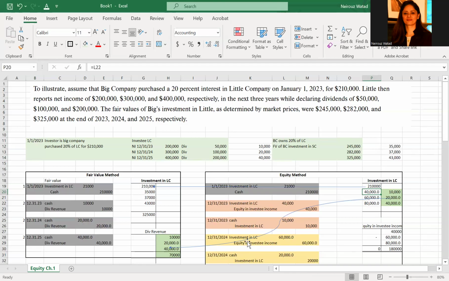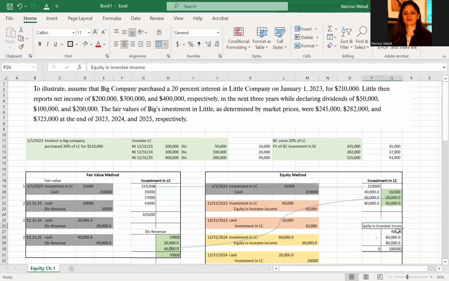And then in 24, there is $300,000 of income that LC declared or earned, and I will get to share 20% of that, which is 60,000. My investment in LC goes up, equity in investee's income.